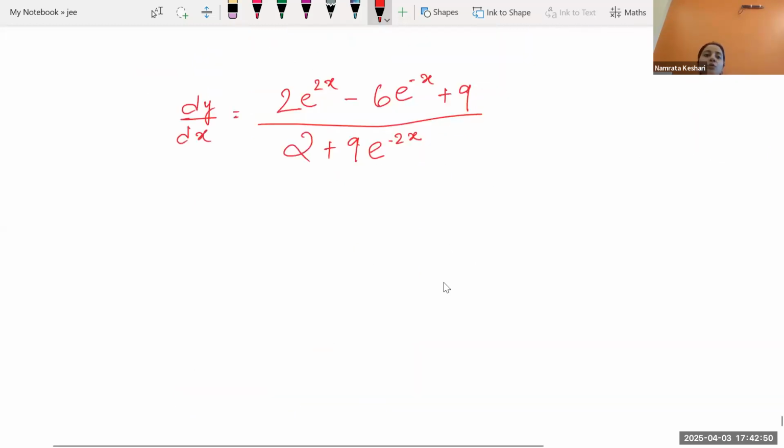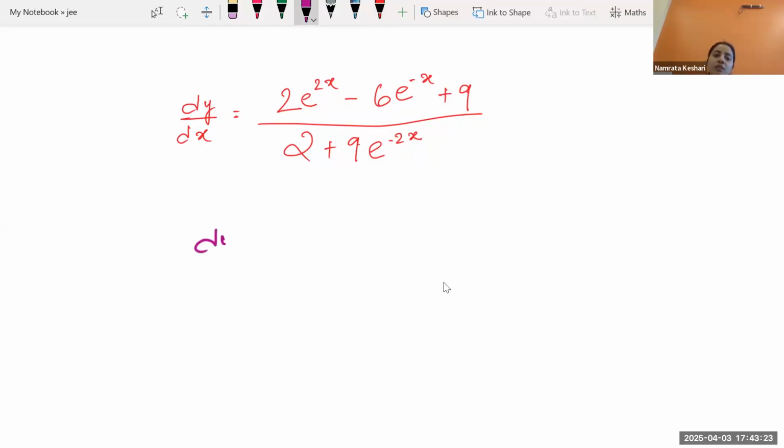We will check now what to do. Is it homogeneous? Is it linear? Is it variable separable or what? So let's check what can be done over here. So these all are x.